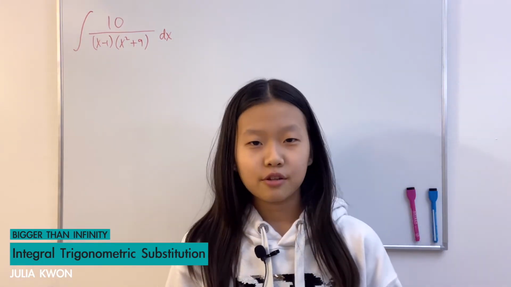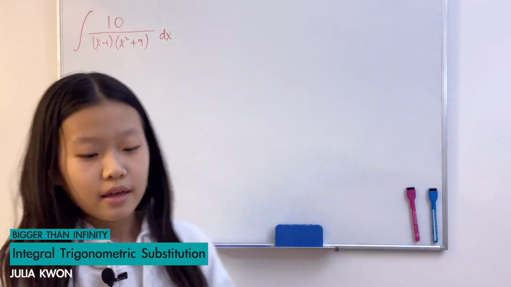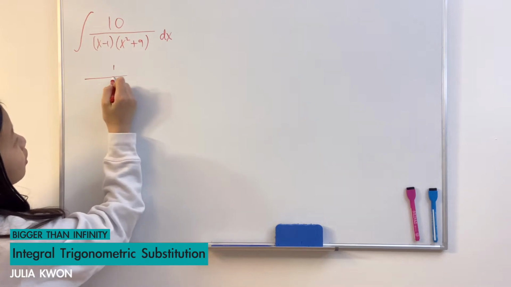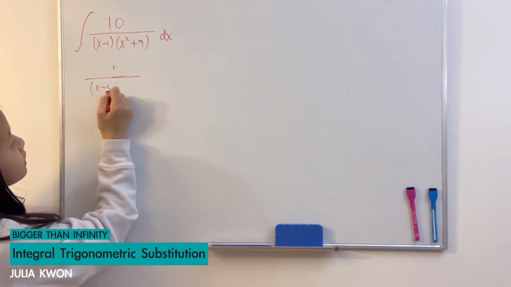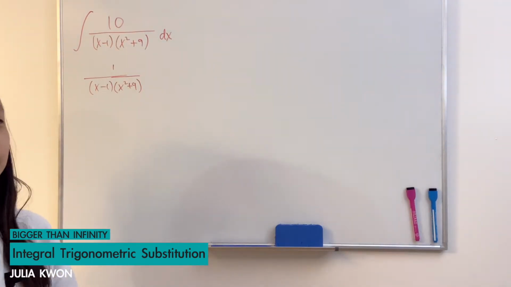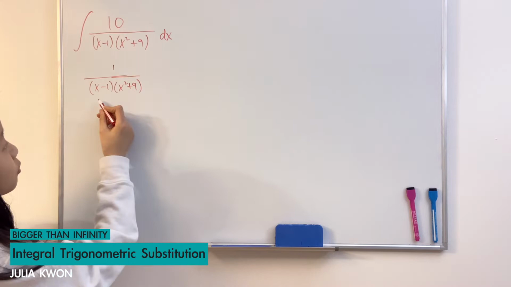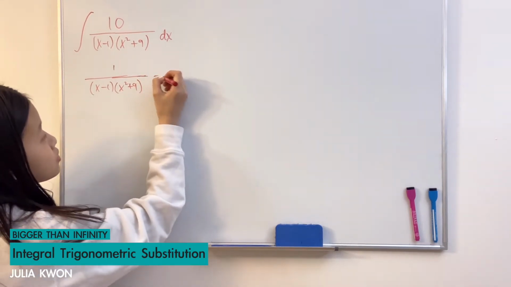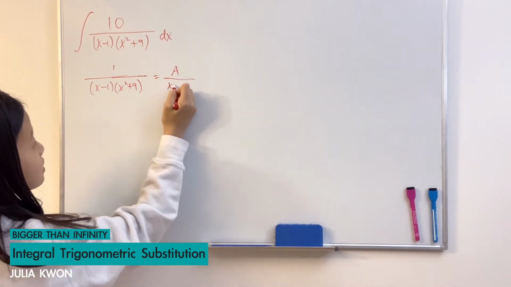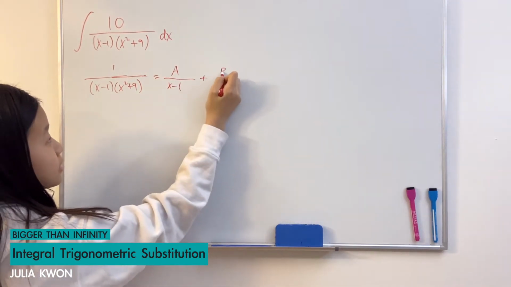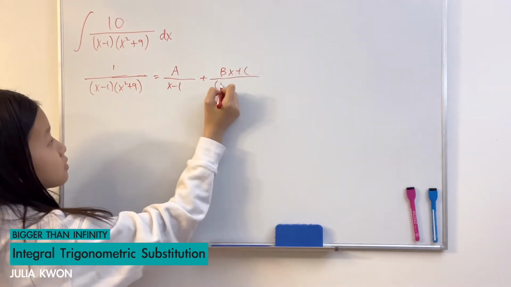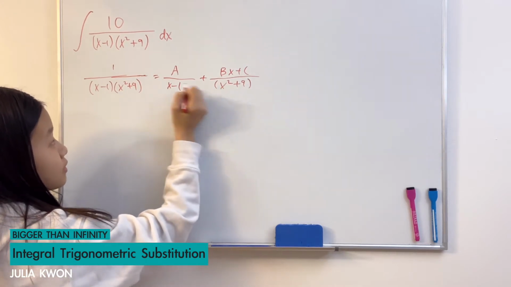So the first thing we're going to do is change the denominator. The denominator is 1 over (x - 1) times (x² + 9). We're not going to worry about the 10, the numerator, yet, and we're going to change this to A over (x - 1) plus (Bx + C) over (x² + 9).